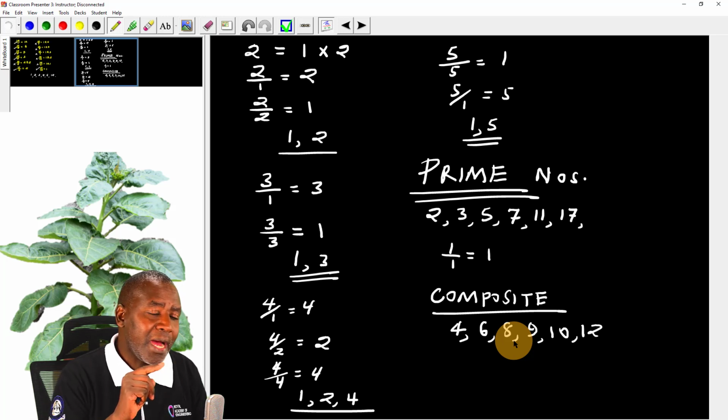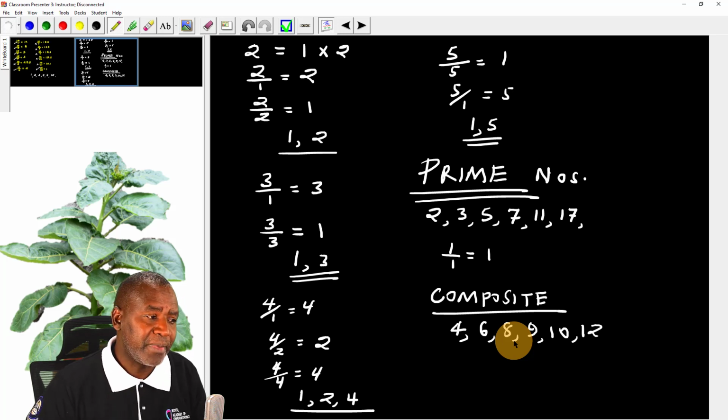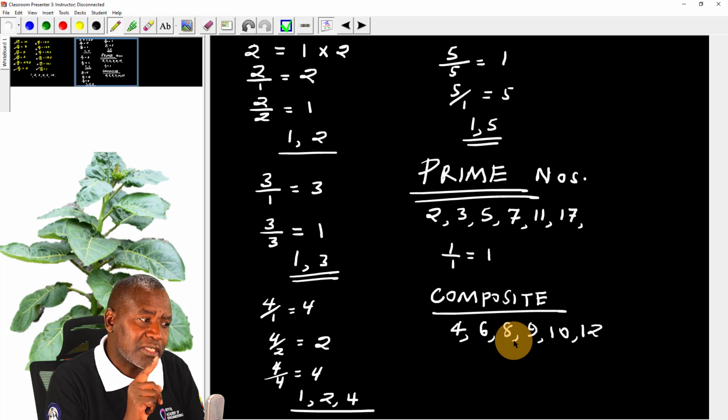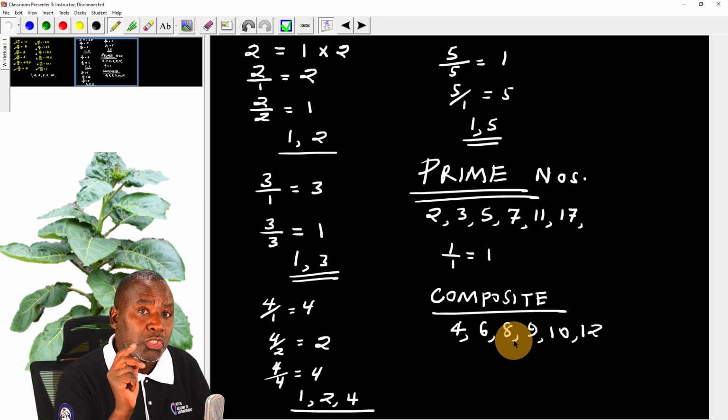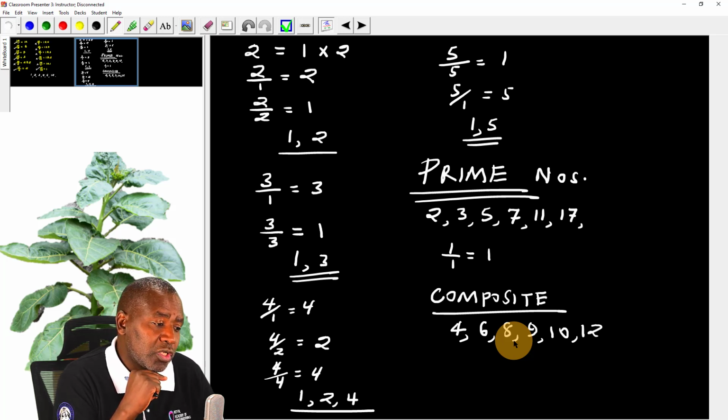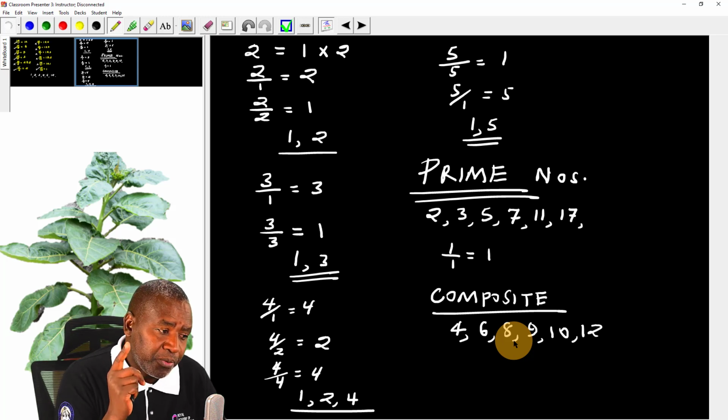When a number has only 2 factors, 1 and itself, it's referred to as a prime number. 1 is not a prime number because it has only 1 factor. When a number has more than 2 factors, it's called a composite number.